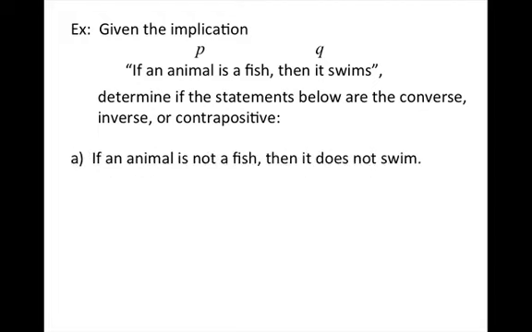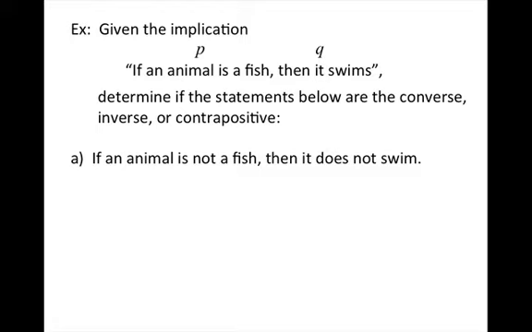So let's look at part A. Part A states if an animal is not a fish, then it does not swim. I see the nots, and my original implication did not have nots, so I know I'm dealing with negations. So if you look at the first part, it says if an animal is not a fish.